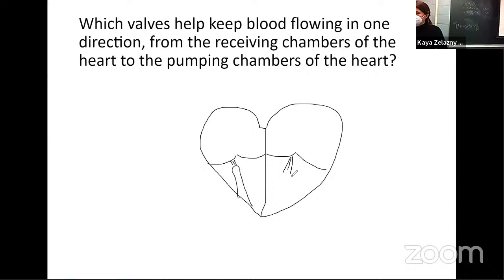Okay. Got a heart looking something like this with our AV valves.